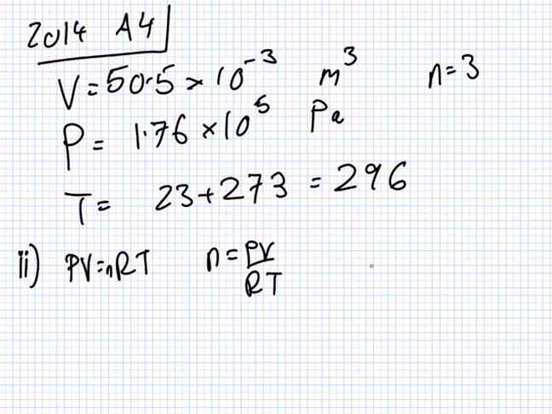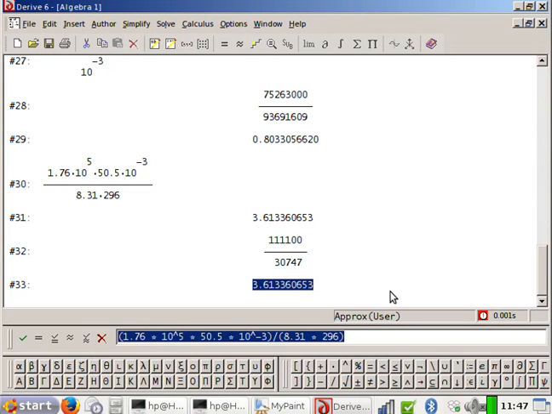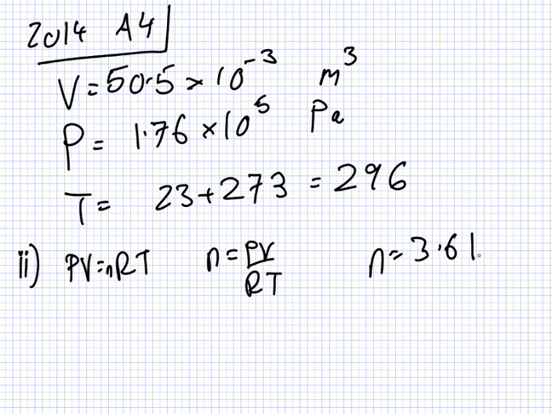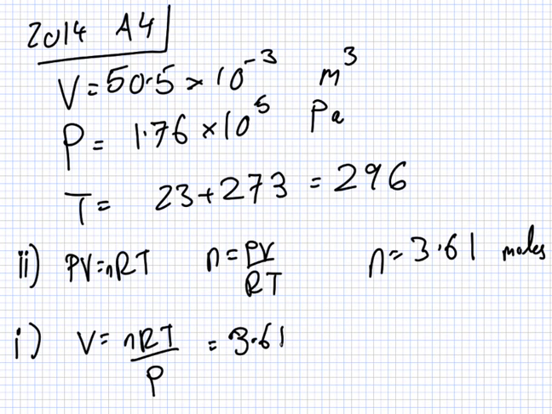3.61 I got, moles. Okay, now I'll do part 1, which is, what is the volume? So volume equals nRT over P. But please note the pressure and the temperature are different, but of course the number of moles is the same.